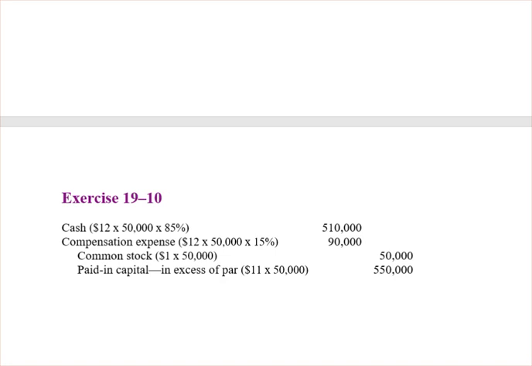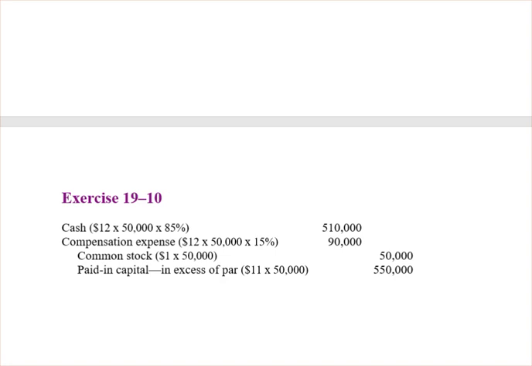So your total debits are going to be equal to 600,000, which is the market price. When you record your credit, it's common stock times par, and then paid-in capital, which is market minus par times number of shares. That's fairly straightforward.